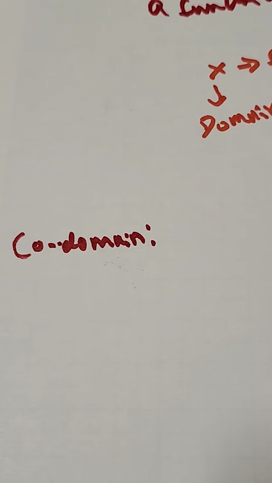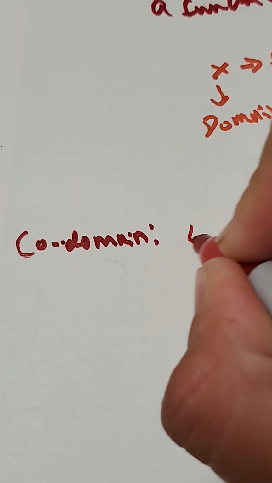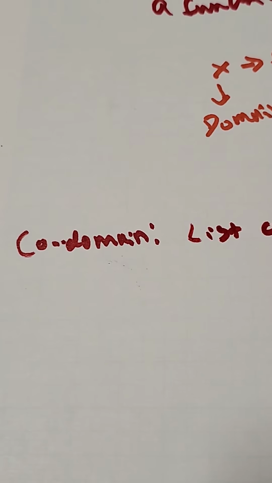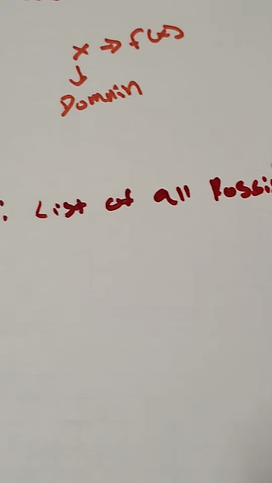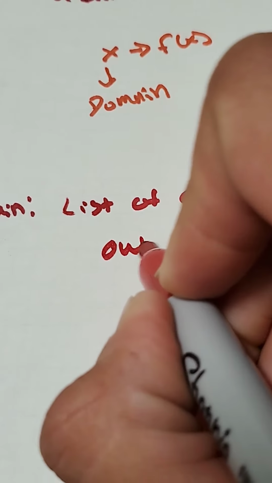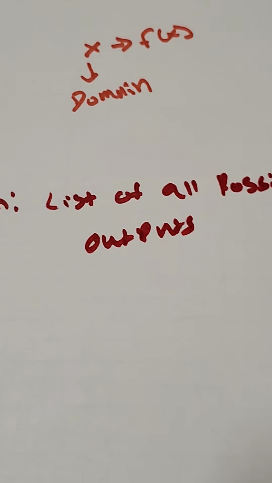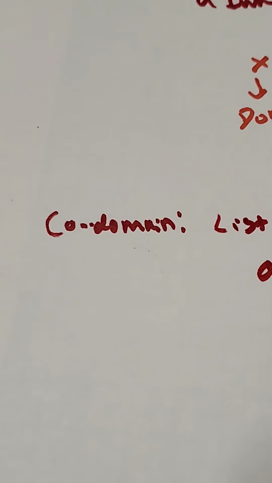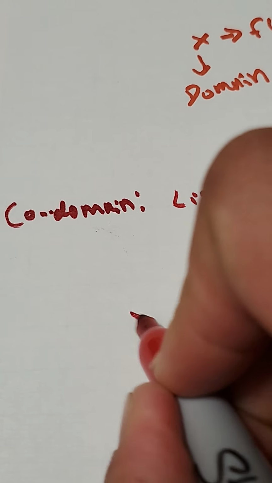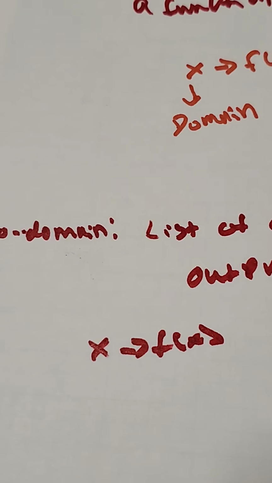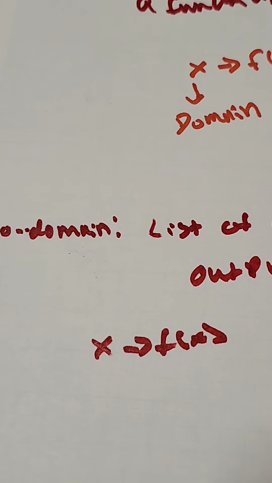Codomain. So what the codomain is, it is a list of all possible outputs. So for every x, we have an f of x, or of all possible, potential.